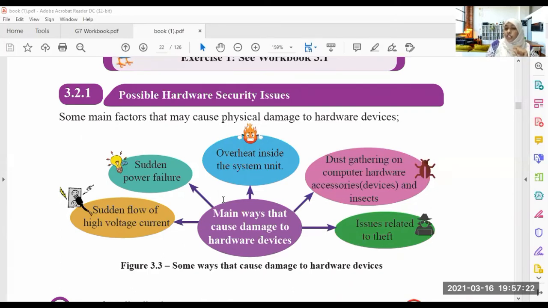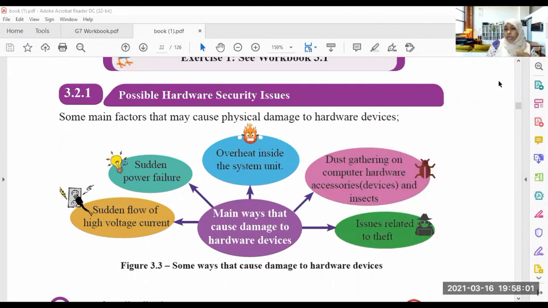Another one, issues related to theft. Your computer devices can be robbed by someone. It is also an issue which occurs with computer hardware. So these are some ways that cause damage to hardware devices. There are many more others, but these are some of the issues with computer hardware.